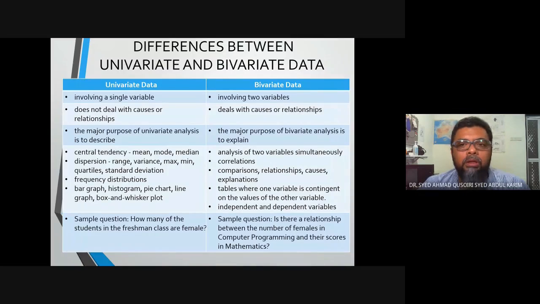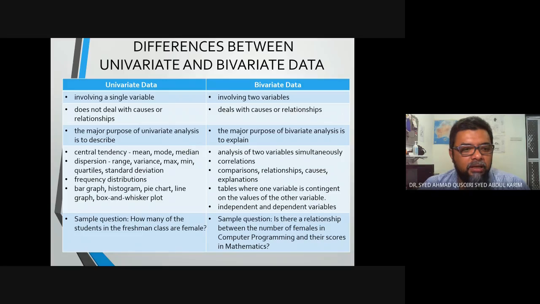Okay, so next we move on to the differences between univariate and bivariate data. Univariate data involves a single variable, whereas bivariate involves two. Univariate does not deal with causes or relationships, whereas bivariate data does.